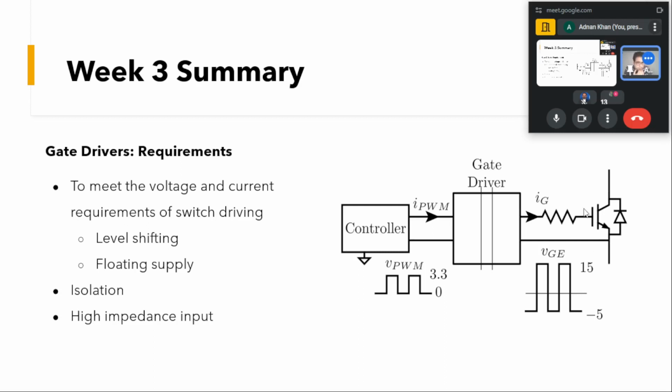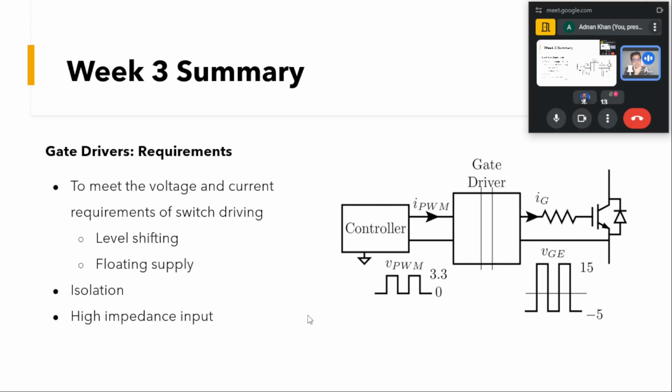If we didn't have this isolation, that fault may have been reflected to the controller, and we know this is a power circuit and our controller may not be able to handle that amount of current, so it may get damaged. So what we need is our gate driver should be able to provide a sufficient amount of isolation in order to isolate the power side from the controller side, so that our controller side may not get damaged.